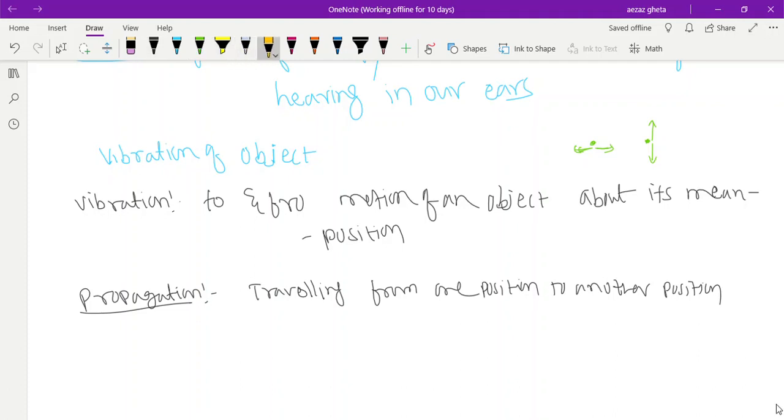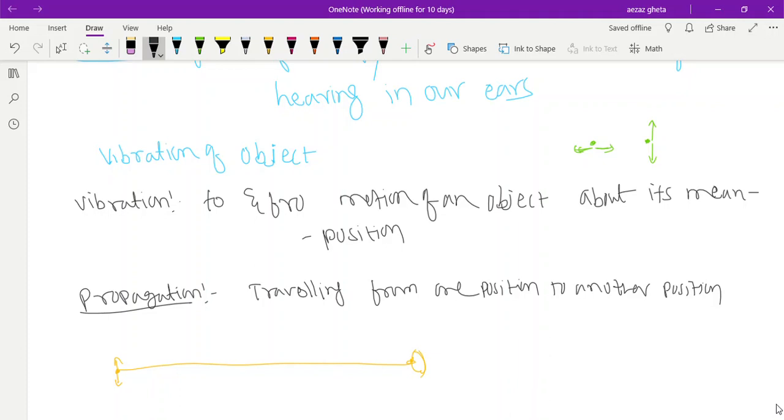See how the sound propagates, very important. When sound is produced, when you speak anything, the particles in front of your mouth will be vibrating, to and fro. So this particle which is vibrating will not move from this point to the ears of some other person. Remember this.